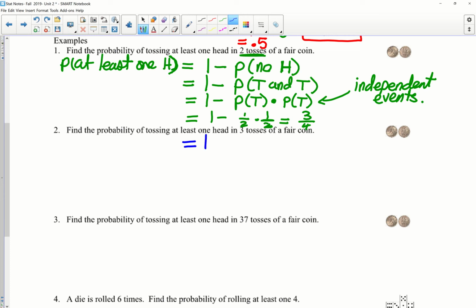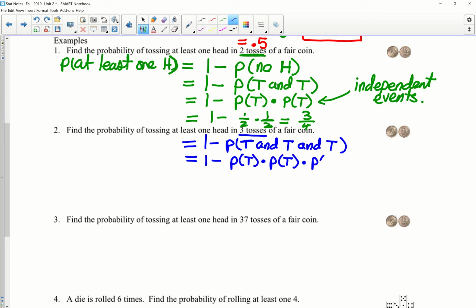Except I would say 1 minus the probability of tails and tails and tails. All right, because it's 3 tosses of a fair coin. So 1 minus, well, let me show the intermediate step: 1 minus the probability of tails times the probability of tails times the probability of tails.